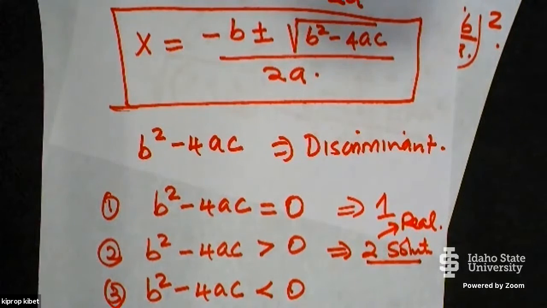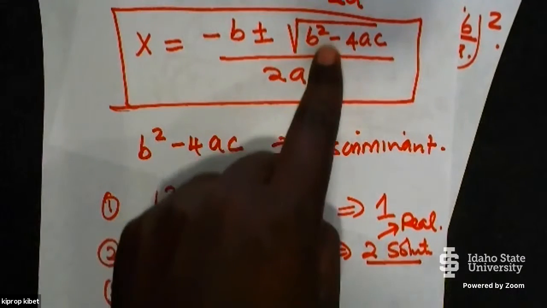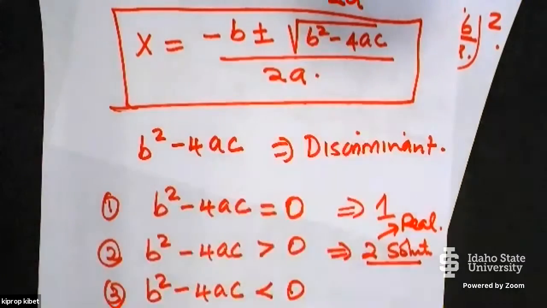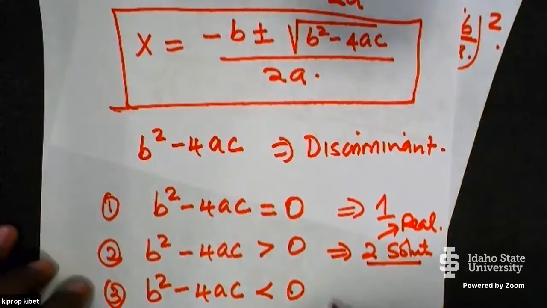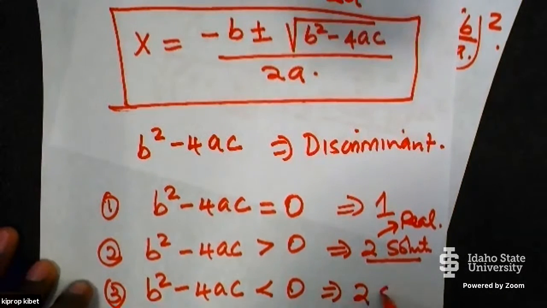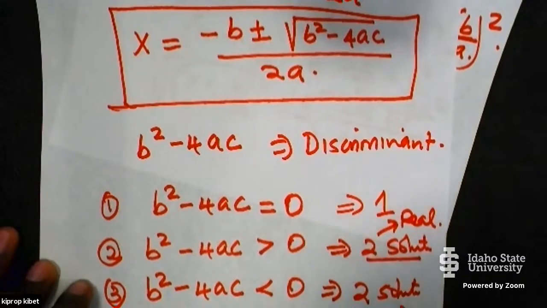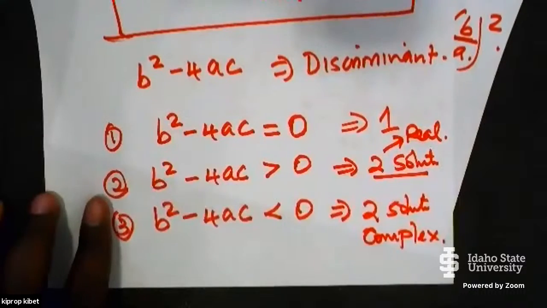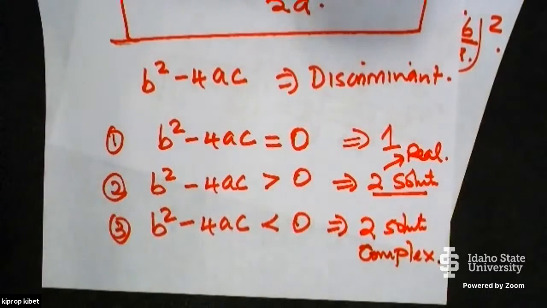Now, if b squared minus 4ac is less than 0, that means it is on the negative side. Therefore, there are two solutions, but they are complex.